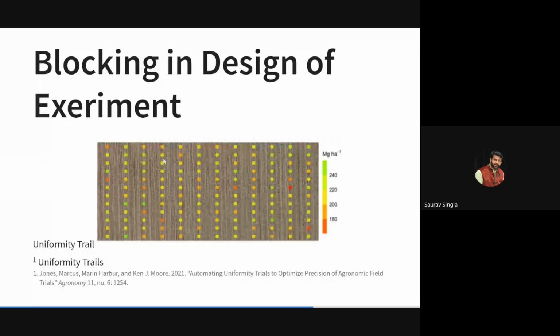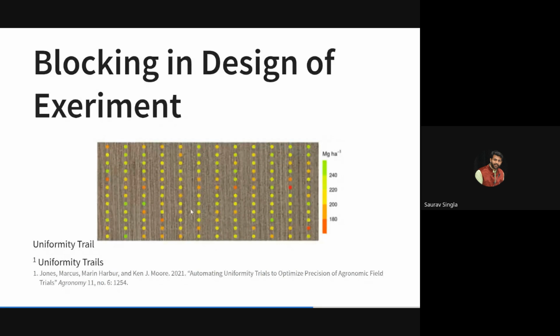Okay, but see now, these yellows are almost nearby. So these are almost having similar yield. These yellows also have similar yield.